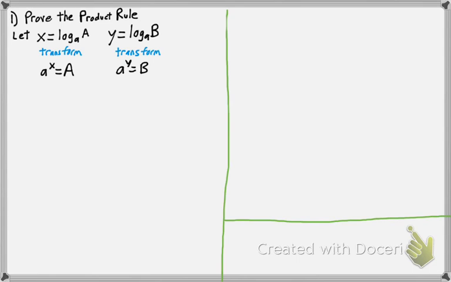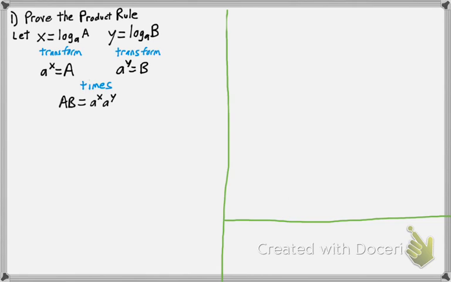Our next step is going to be to multiply these two. So if we do that, we are multiplying the capital A and the capital B. So that side will be this, and then if you take the lowercase a to the x and a to the y, this will be a to the x and a to the y.